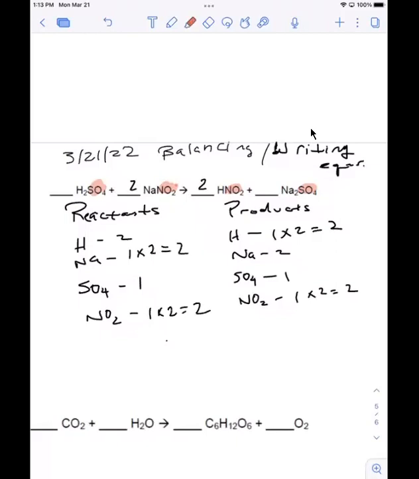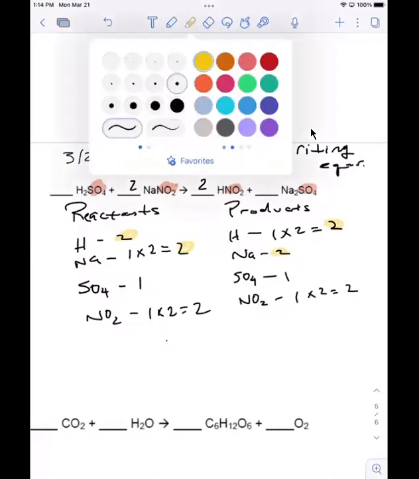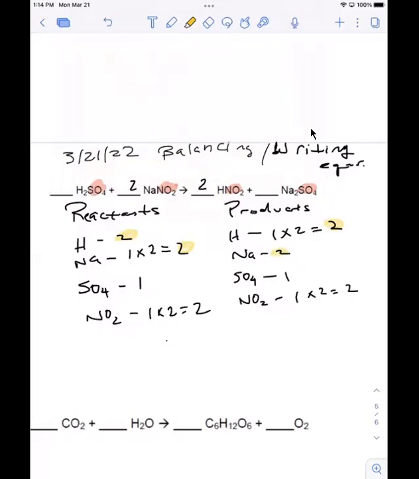So now if you look at both sides, you have 2 hydrogens, which is good, 2 sodiums, 1 SO4, and then 2 NO2.